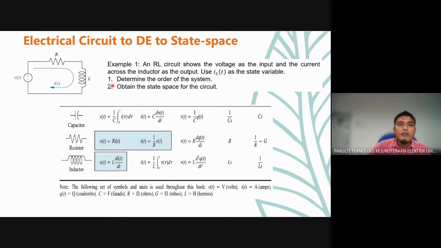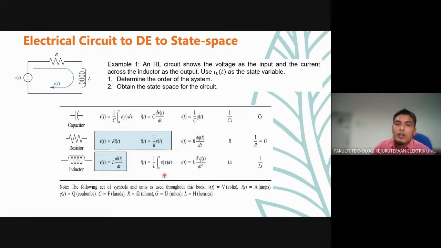Firstly, you need to find how many components are in this circuit. There are two components: the resistor, and the second component is the inductor. Based on the circuit, I need to use this formula only.